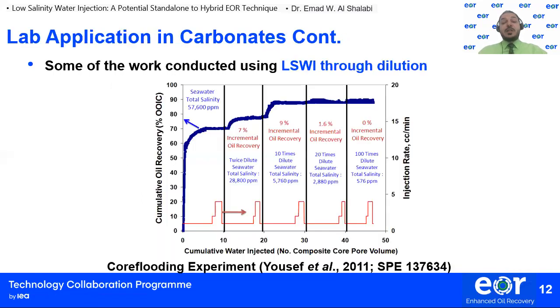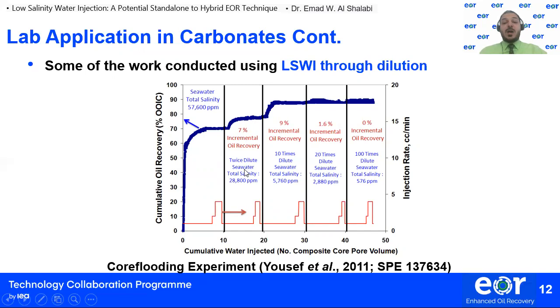However, low salinity water injection by dilution was also tried in carbonates, and here I'm just referring to a study done by Yusuf and others in 2011 at Saudi Aramco, where they basically injected seawater and got a certain oil recovery, here around 70%. Then every time they diluted the injected seawater, they got more incremental oil.